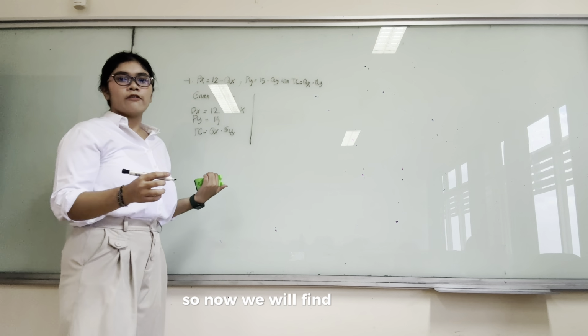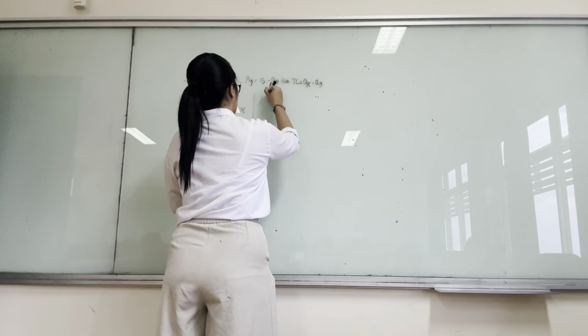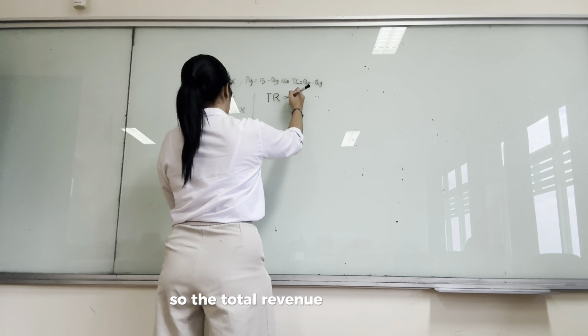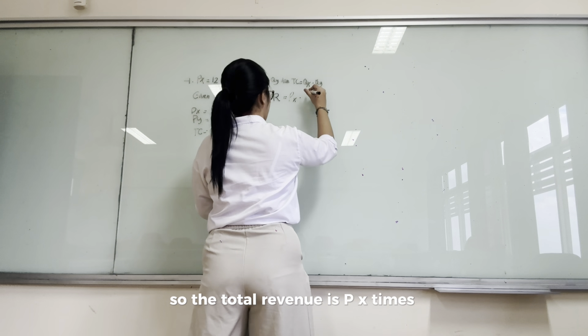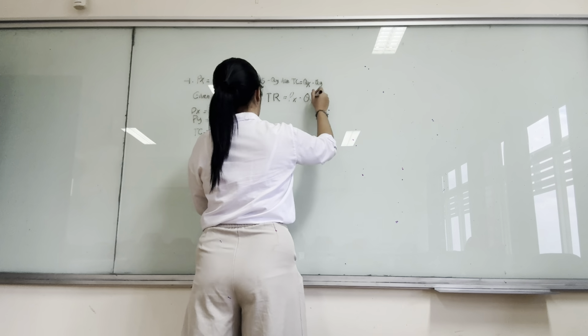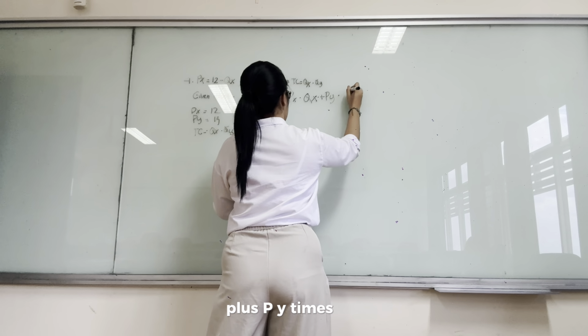So now we will find the total revenue. The total revenue is Px times Qx plus Py times Qy.